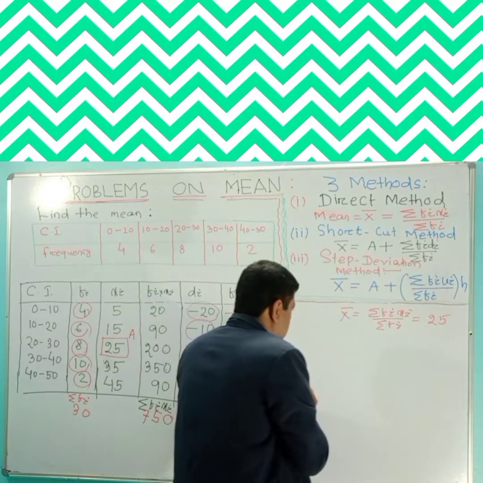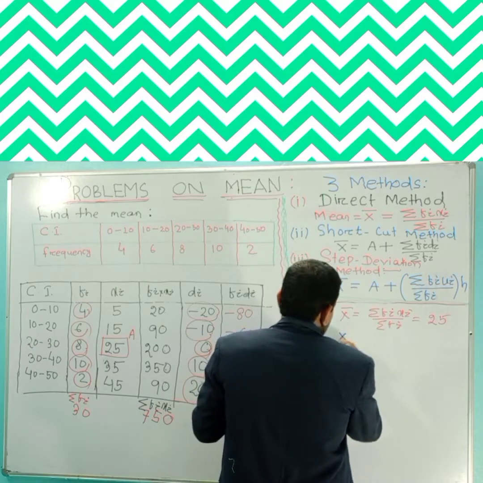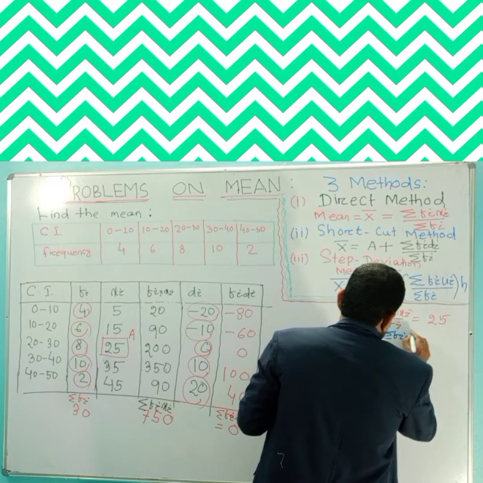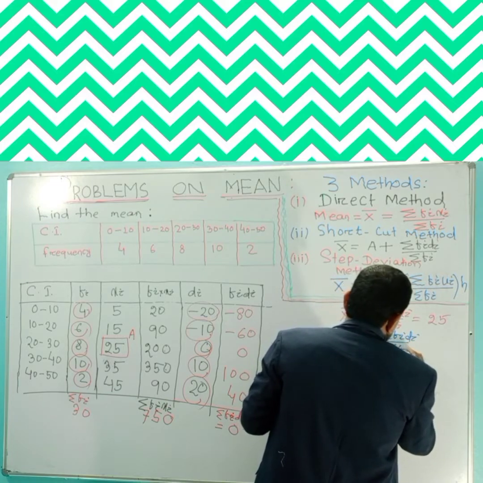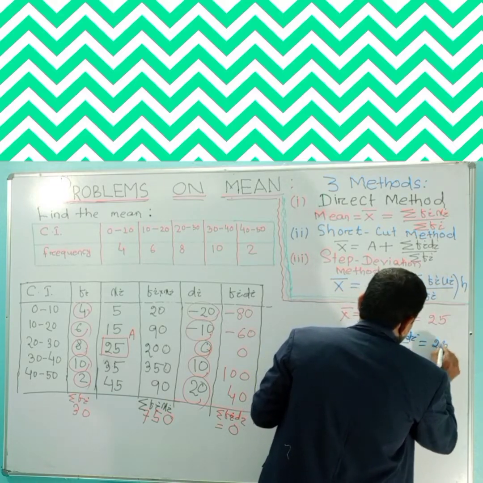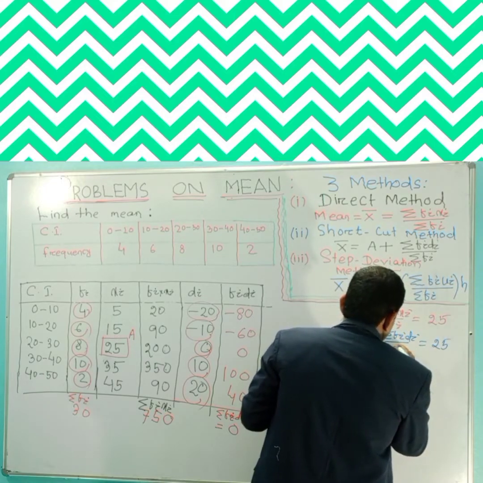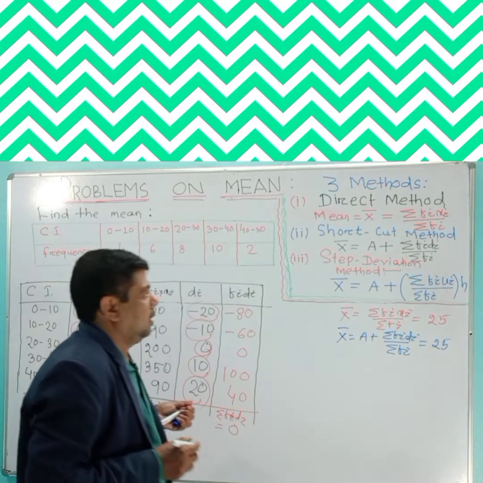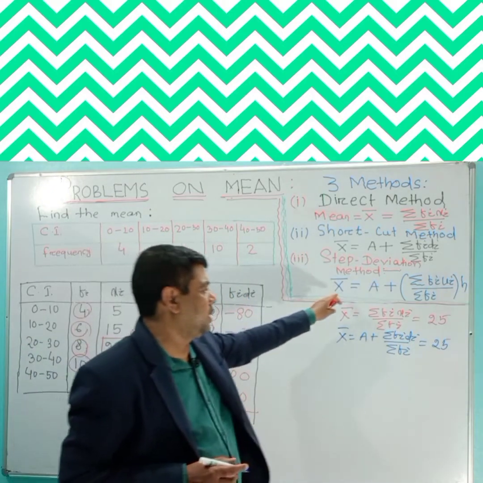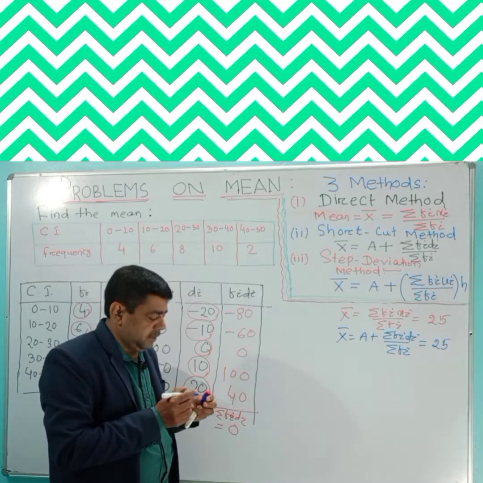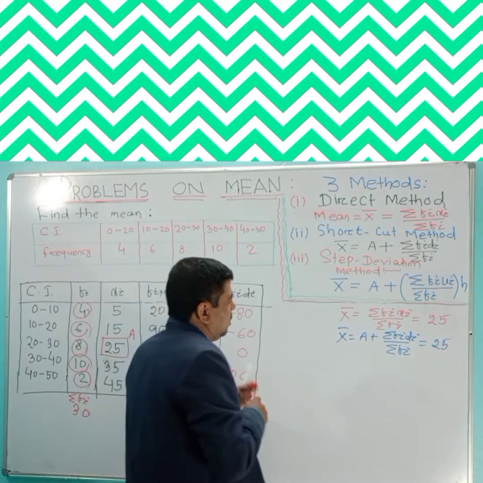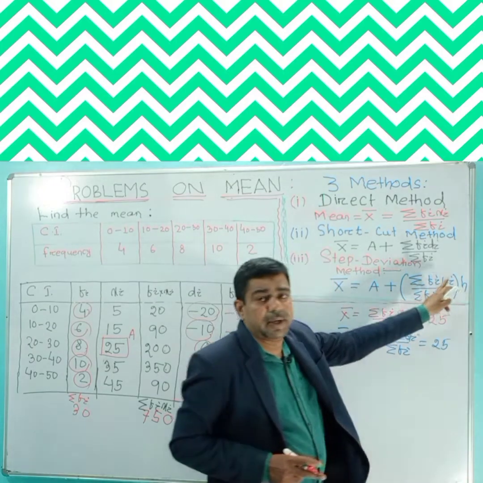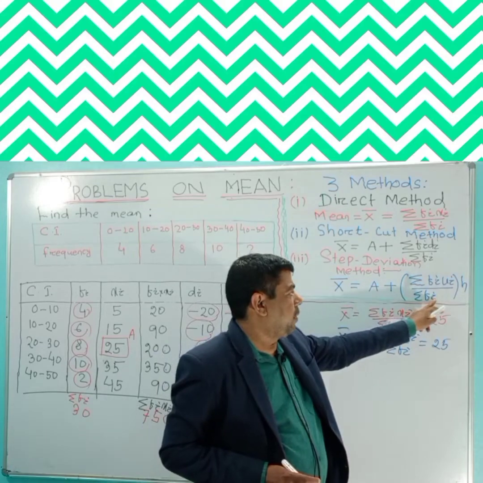And in the second method the mean value x bar is equal to a plus summation of fi di by summation of fi, which is also 25, right? In the third method, the step deviation method, what is the formula? x bar is equal to a plus summation of fi ui divided by summation of fi, into h.